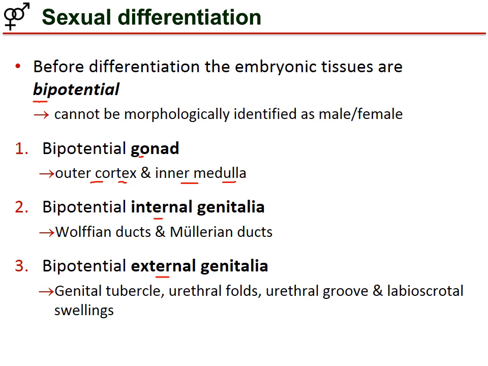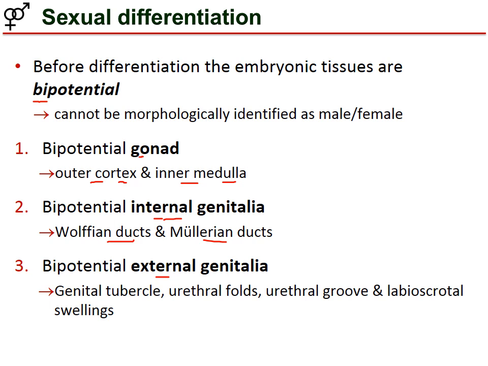The bipotential internal genitalia consist of two pairs of accessory ducts, the Wolffian ducts and the Müllerian ducts. So as the development progresses along either a male or female pathway, one pair of these ducts will develop, whilst the other one will degenerate.